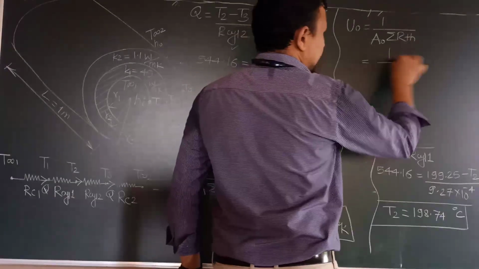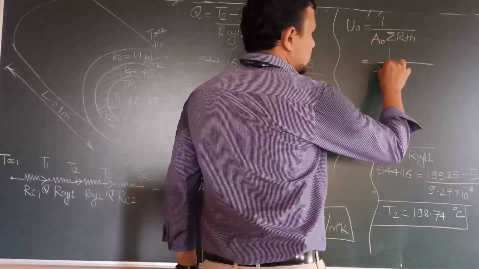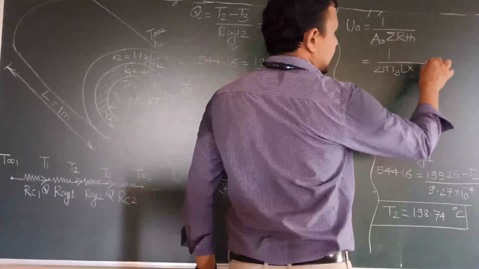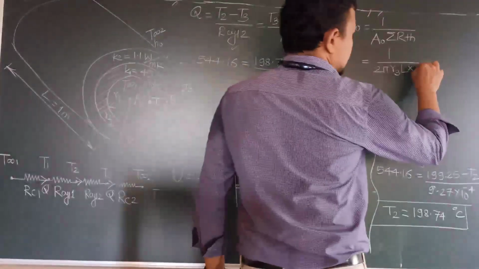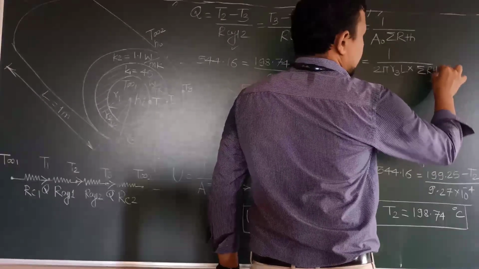You will substitute the values. Okay, I'll show it to you. This will be equal to 1 upon 2 pi, external radius R3 L into summation of thermal resistances, which is already known to me. Okay, I will substitute the values in the next step.